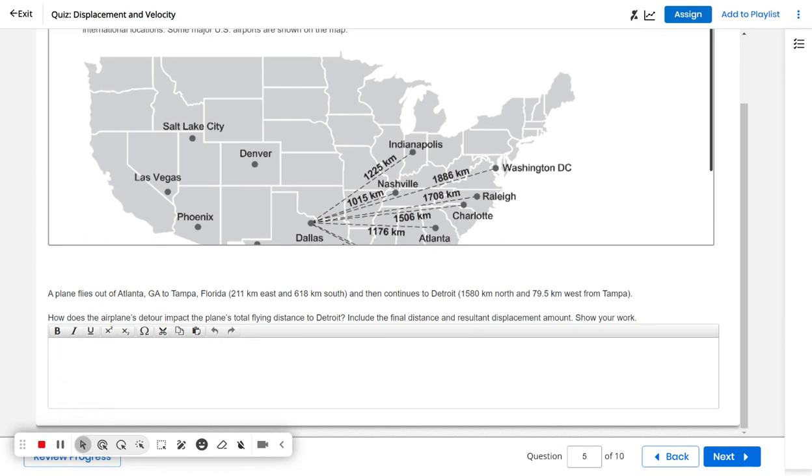Now they're asking, how does the airplane detour impact the plane's total flying distance to Detroit? That's all you have to put. Something that simple.